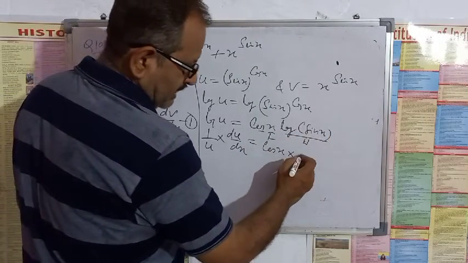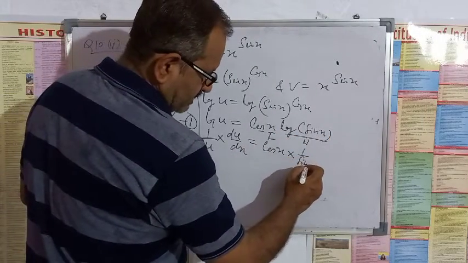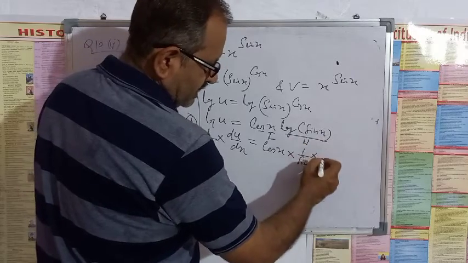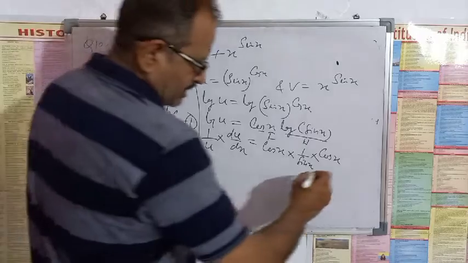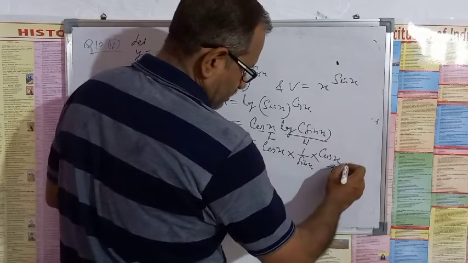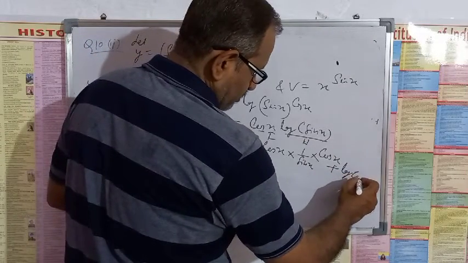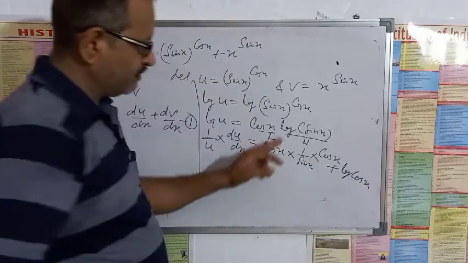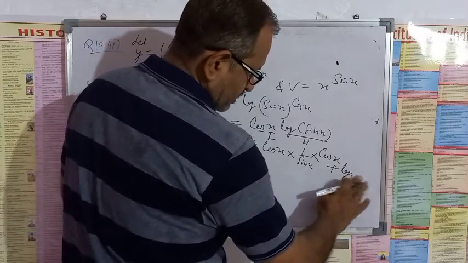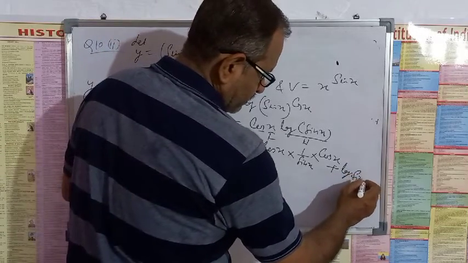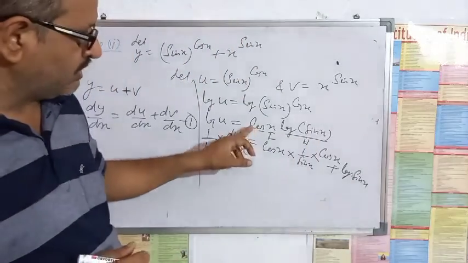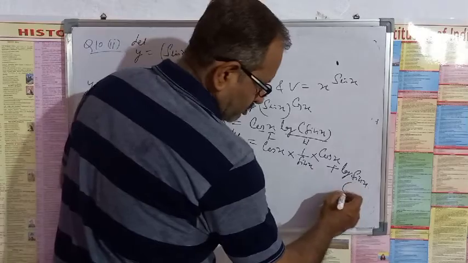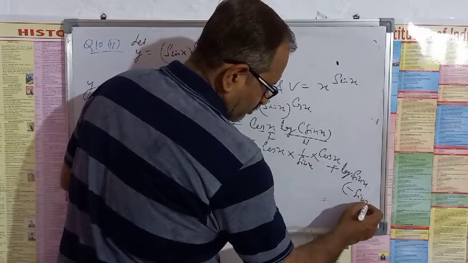Derivative of log sin x is 1 by sin x, and then differentiate sin x, so it is cos x, plus log of sin x, second function, into derivative of cos x, first function. Derivative of cos is minus sin x.